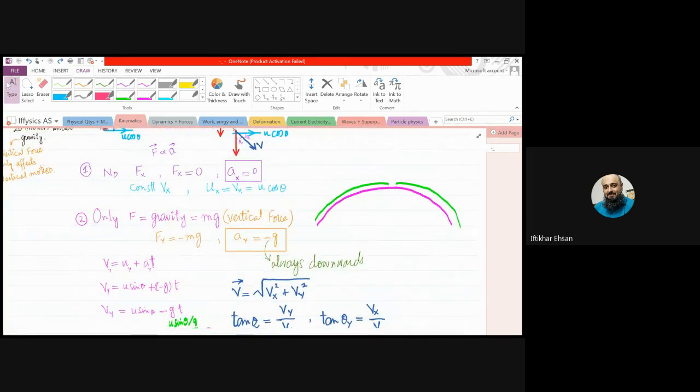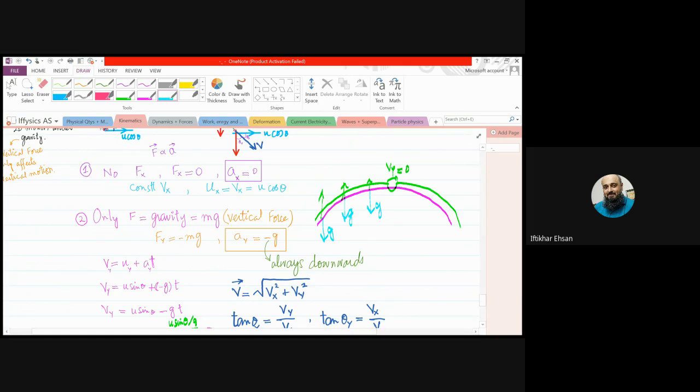Now, consider this path. When the object is rising, as we discussed, the vertical component is decreasing, getting smaller, and at this position, the vertical component becomes zero. Right, Shamas? Why is it decreasing? Because gravity was always pulling it downwards. The object is rising, and gravity is pulling downward, going against the movement.